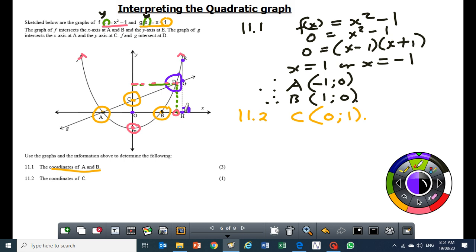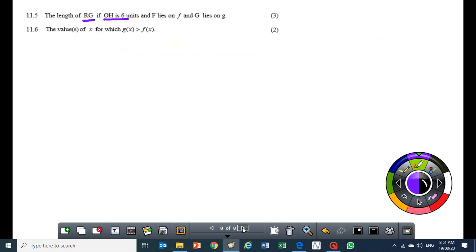But I'm going to do it this way. So 11.5, I'll say the length of RG will be given by f of x minus g of x. But the x must be 6.